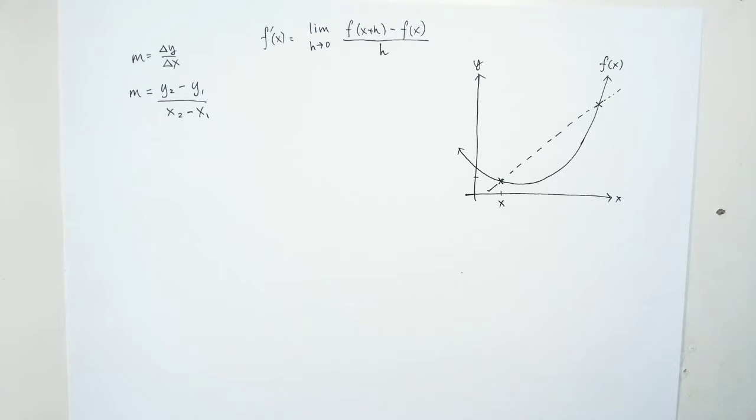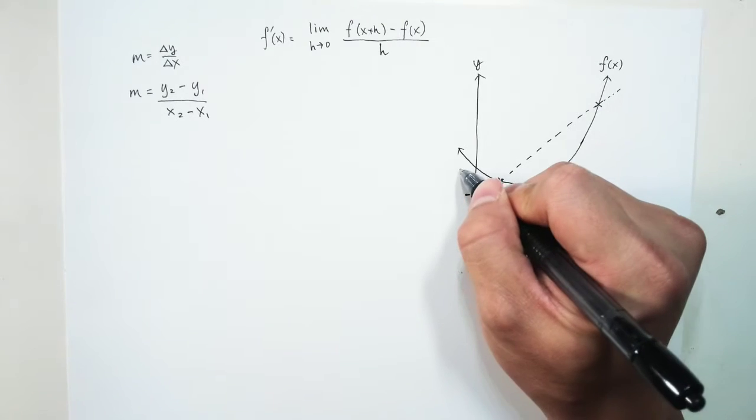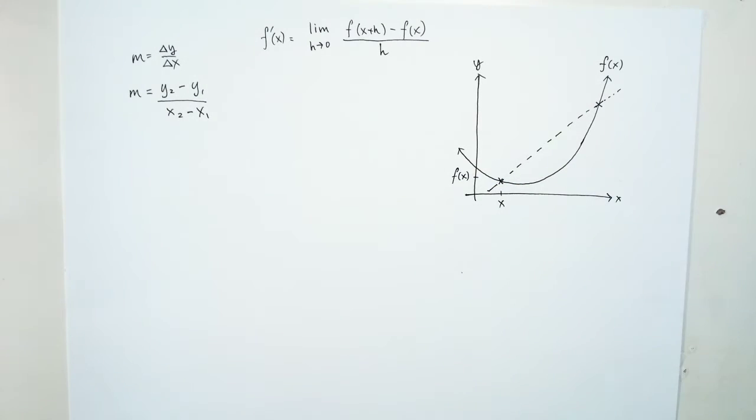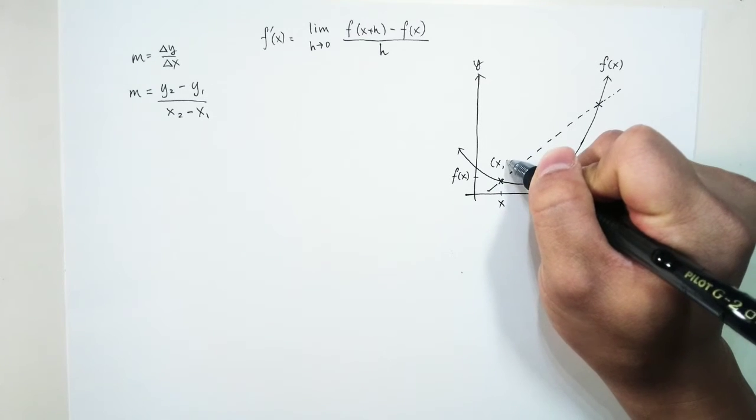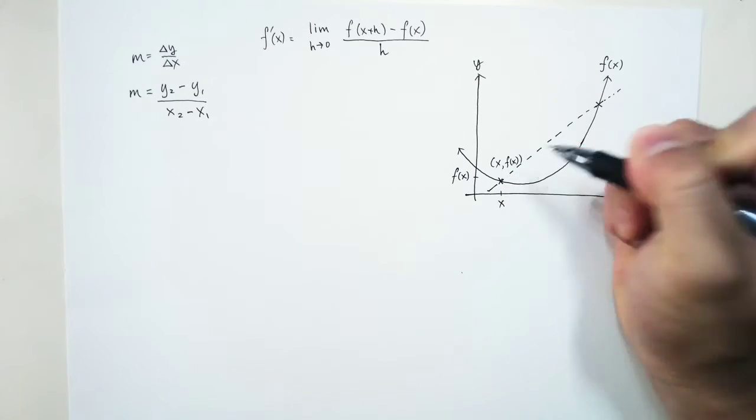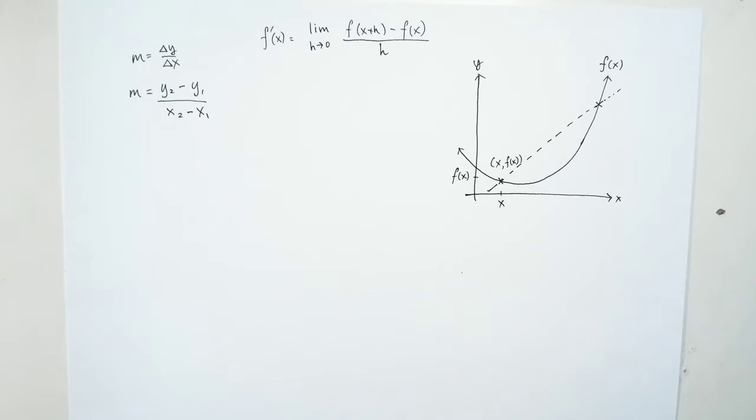In Algebra 1, before we learned anything about functions, we would just say y. Now that we know about functions, we say this is f of x. I think it's easy to understand that this is f of x, and we will come up with a coordinate pair, so this will be x comma f of x.